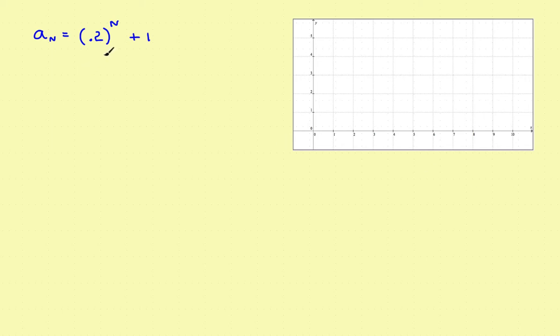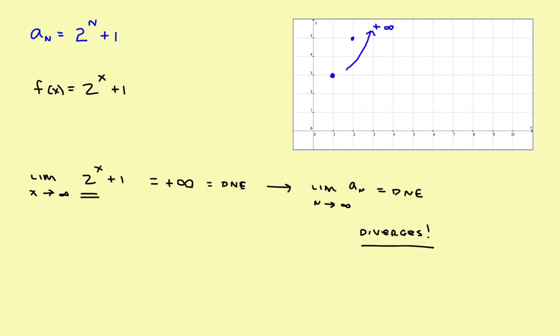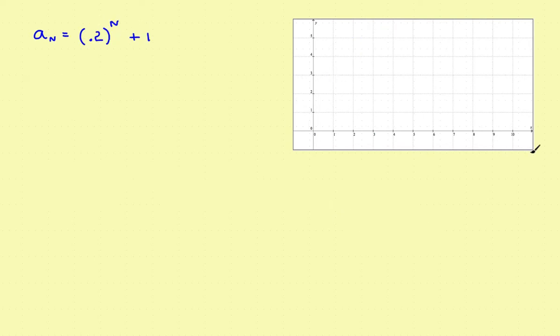Okay, now this is almost exactly the same problem. As a matter of fact, let's go back and take a quick look at this. This one was 2 raised to the n power plus 1. This one is 0.2 raised to the n power plus 1. So now you've got a number that's less than 1, and you're raising it to a power. And let's see what that would look like. So if we were to graph it, it would actually look something like this.